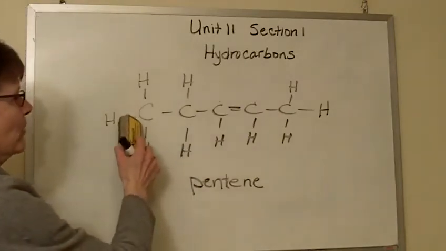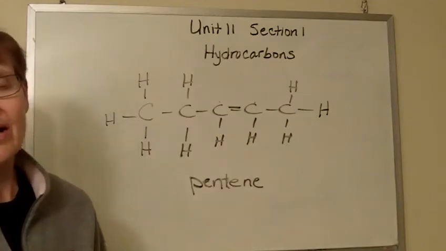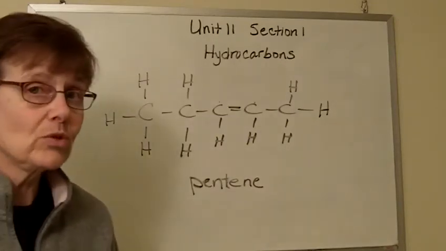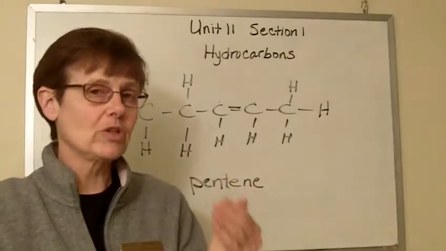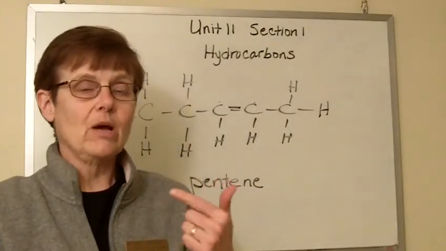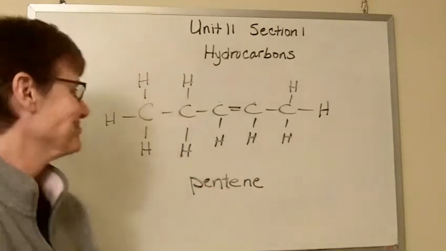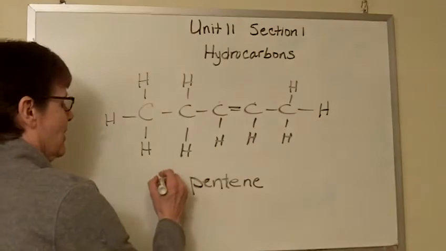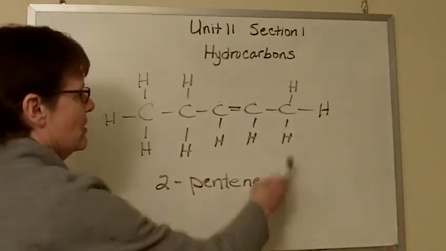If I started numbering over here, I'd say 1, 2, 3, and the double bond would start at carbon number 3. So given those two choices, I have to start down here. I have to start in the place where the first carbon will be numbered with the lowest number possible. So the one I've got written here is going to be called 2-pentene, because here's my choices.